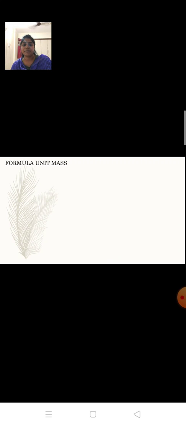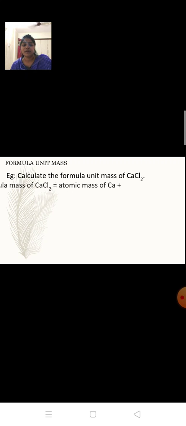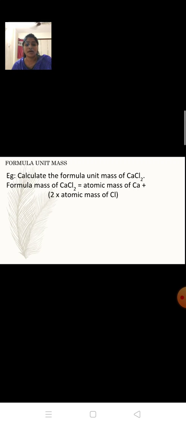Let us look at one more example. Calculate the formula unit mass of calcium chloride. The formula mass of calcium chloride is the atomic mass of calcium plus 2 into the atomic mass of chlorine. Why 2 into? Because you can see it is CaCl2, so there are 2 atoms of chlorine.